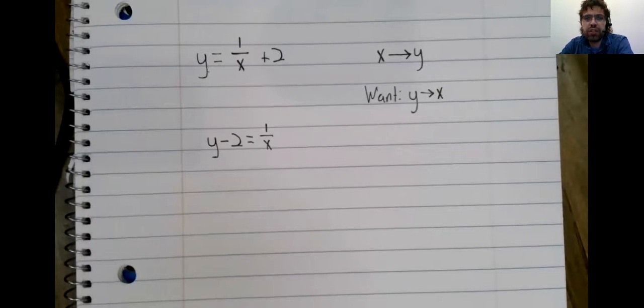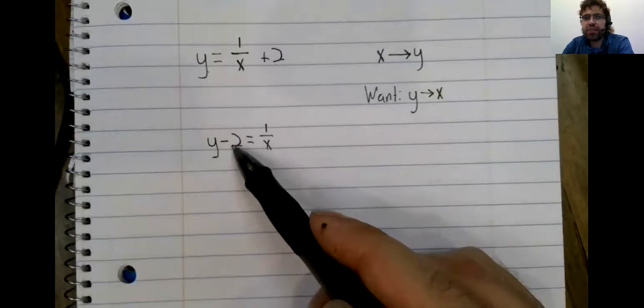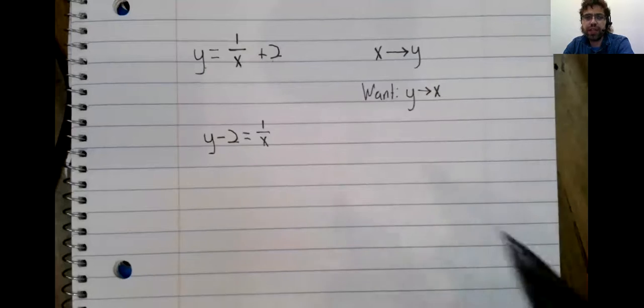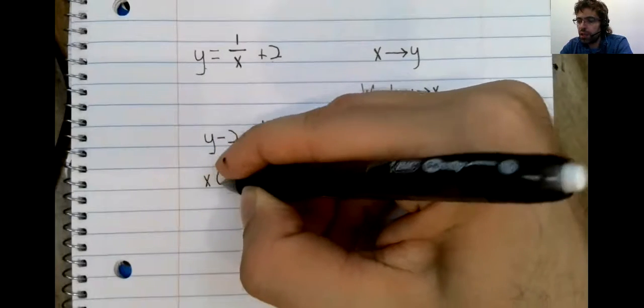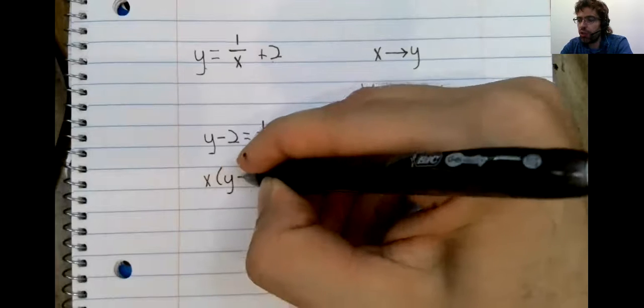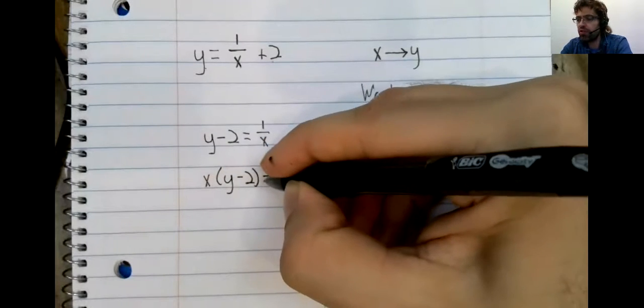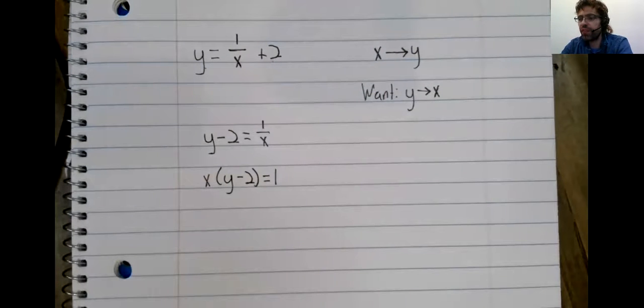I'm just going to do it, but we could subtract 2 from both sides if we wanted to. And we could multiply both sides by x if we wanted to.